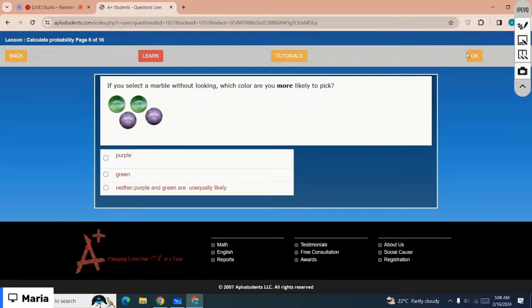The next one is: if you select a marble without looking, which color are you more likely to pick? Which is the correct option?